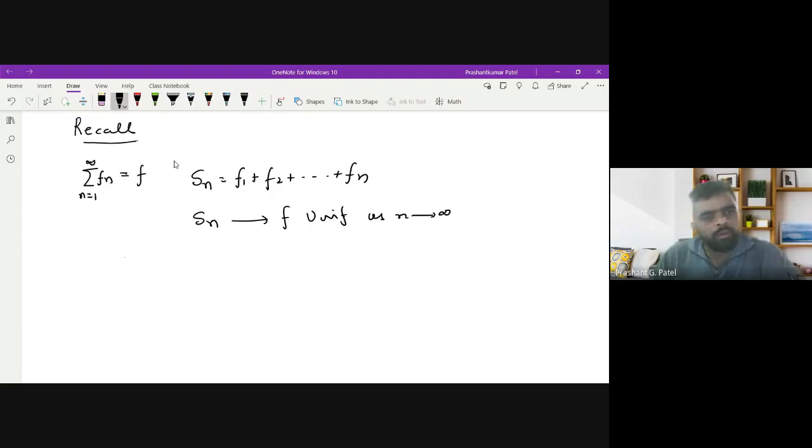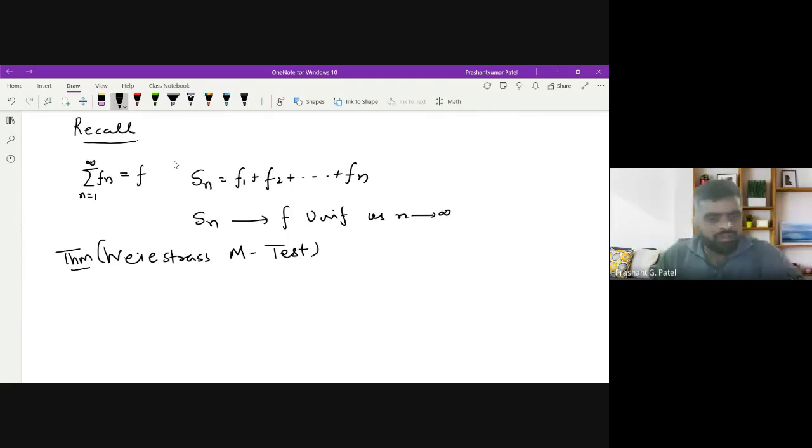To check whether the given series of functions is uniformly convergent, we have learned one result called the Weierstrass M test. So what is the Weierstrass M test?